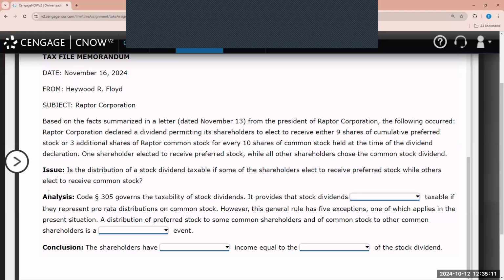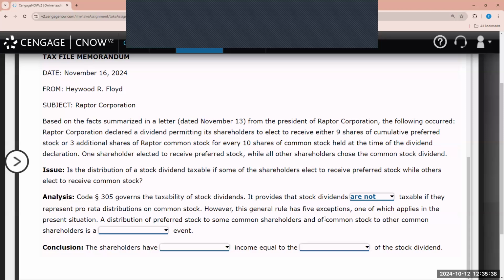Issue: is the distribution of a stock dividend taxable if some of the shareholders elect to receive preferred stock while others elect to receive common stock? So the analysis is as such. Code 305 governs the taxability of stock dividends. It provides that stock dividends are not taxable if they represent pro rata distributions on common stock.